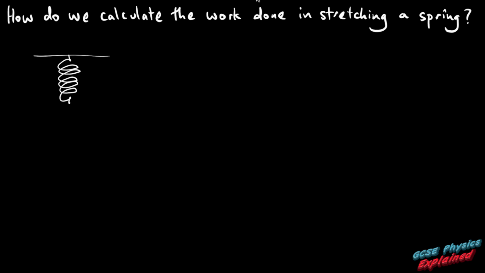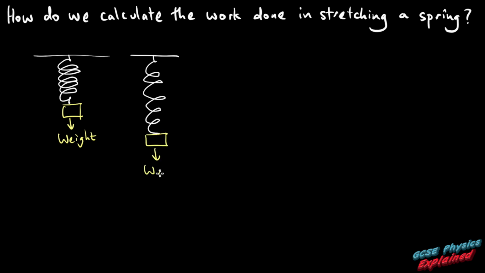As soon as I start putting a weight onto the spring, that spring is going to stretch. Now how much extra it's stretched, that's the extension. And to get it to extend took energy.